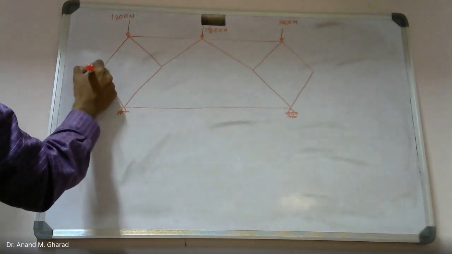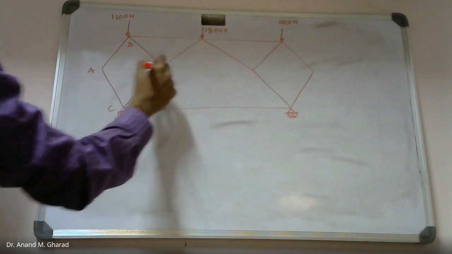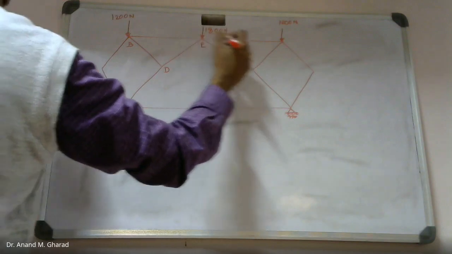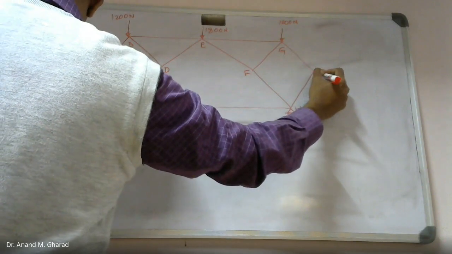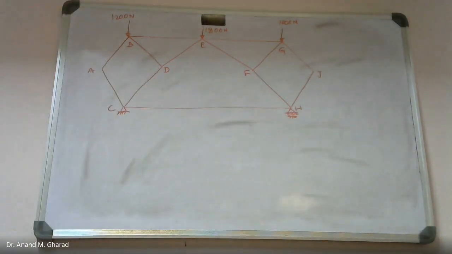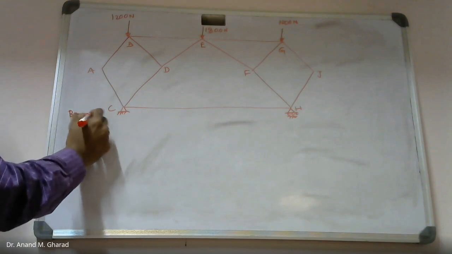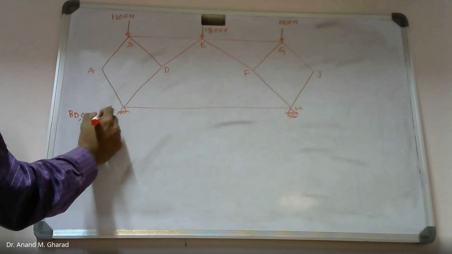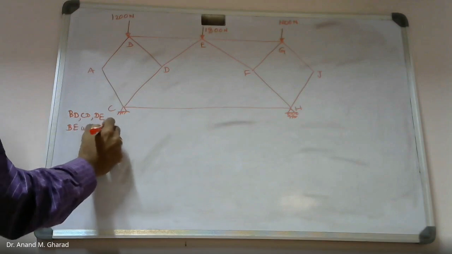Then this is point A, this is B, then this is C, D, this is E point, F, G, H, J. In this numerical, you are supposed to identify the force in members BD, then CD, then DE, BE, and CH.